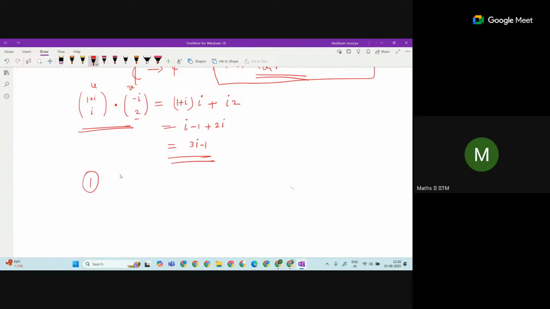The first property is conjugate symmetry. What is that? Suppose you have two vectors, u and v.